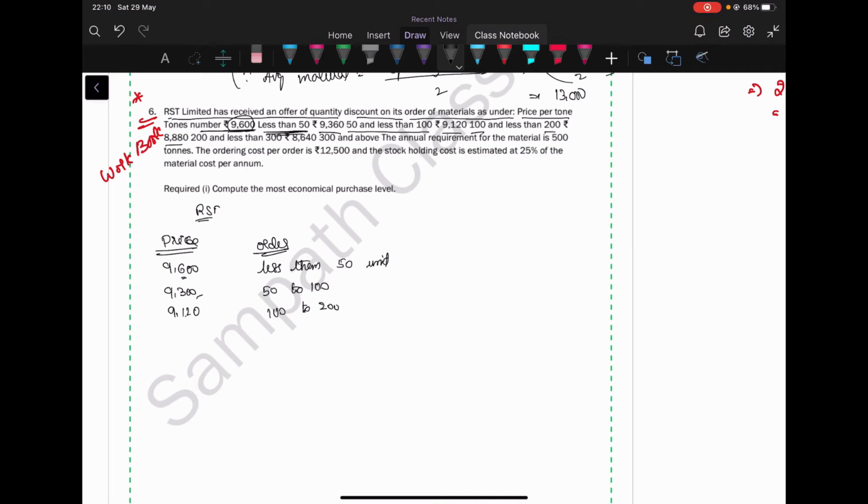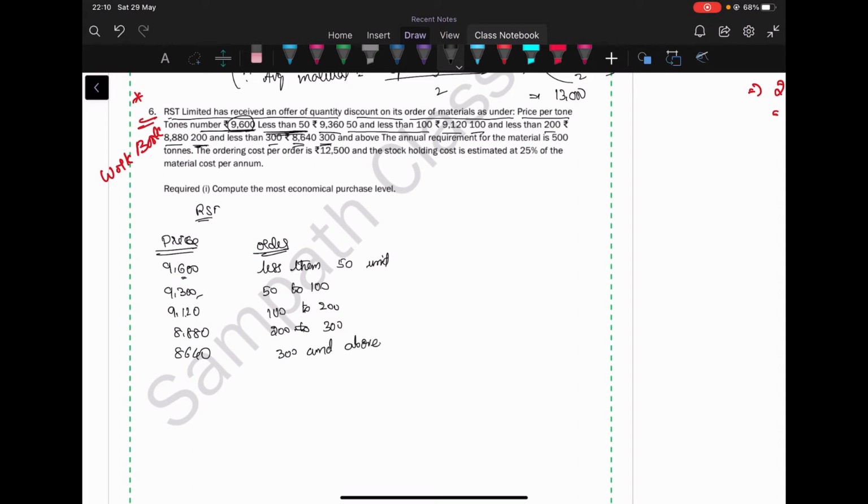It is 8,880 rupees when your order is between 200 and 300. And 8,640 rupees if your order is 300 and above.